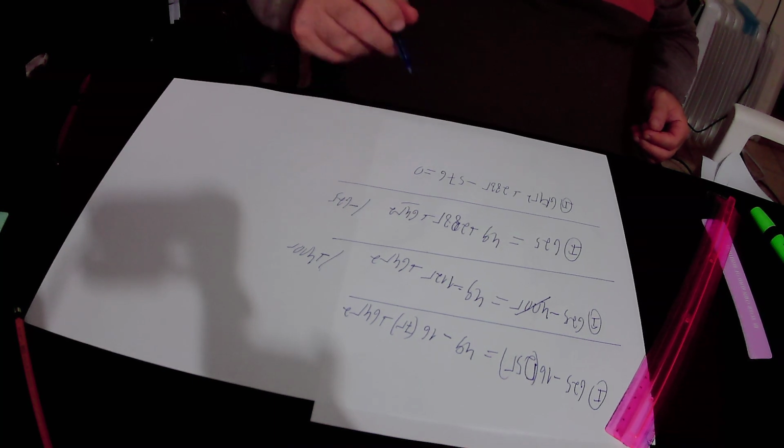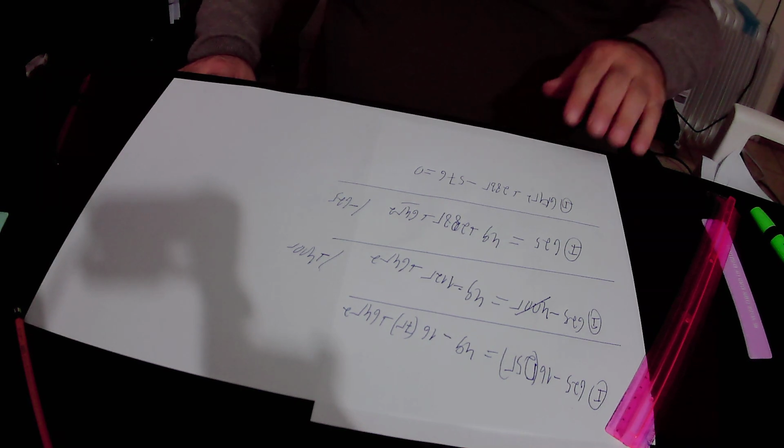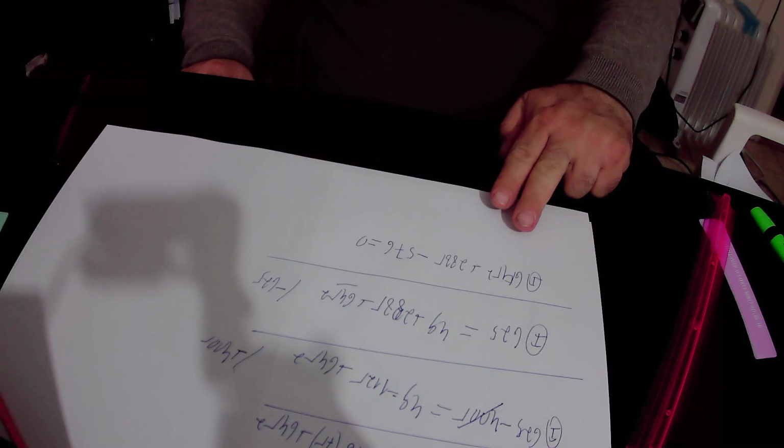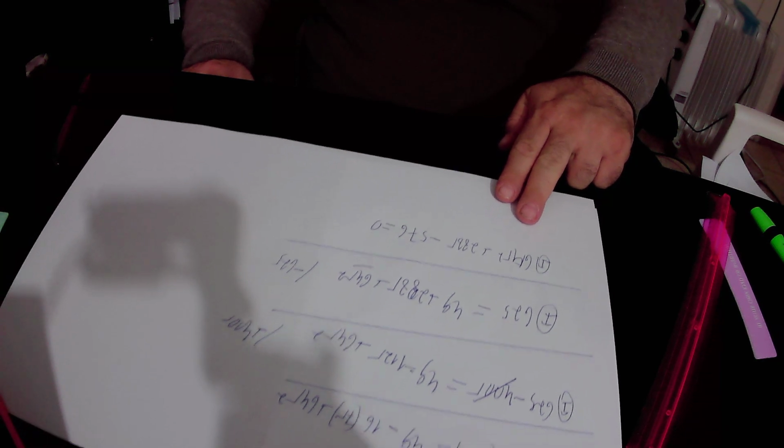So in conclusion, we found out that according to equation number 1, 64r squared equals 288r minus 576.